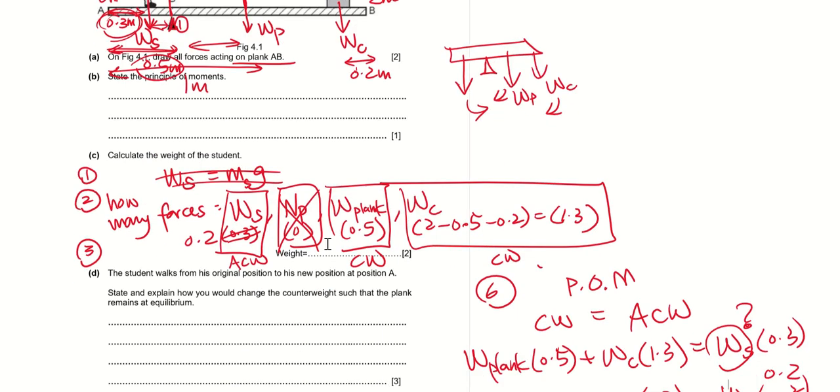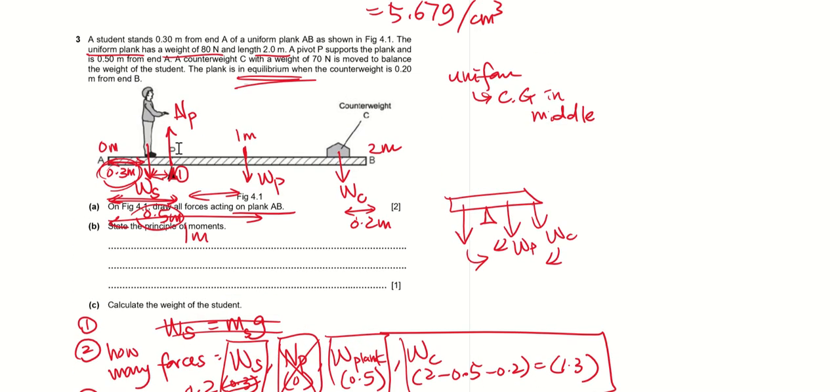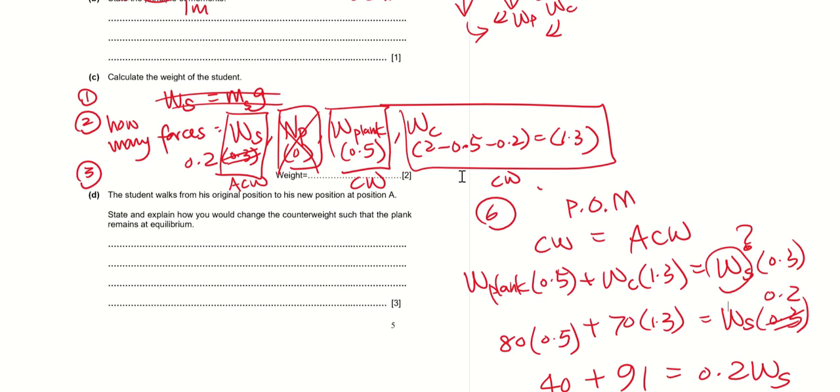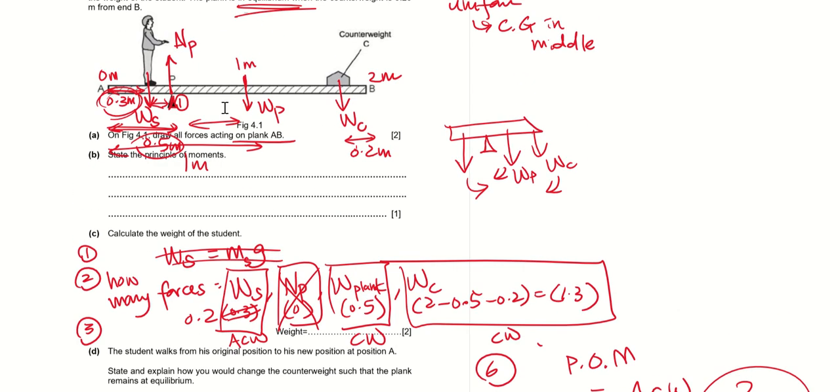So what must you do to the counterweight so that the plank will still remain at equilibrium? It means that the moment due to student will be larger. The anti-clockwise moment by student will be larger. So I need to increase my clockwise moment as well. But because the weight is fixed, I can only move the counterweight.